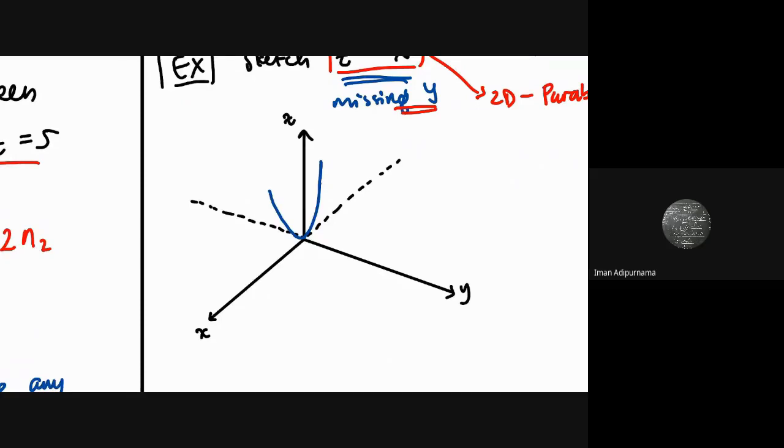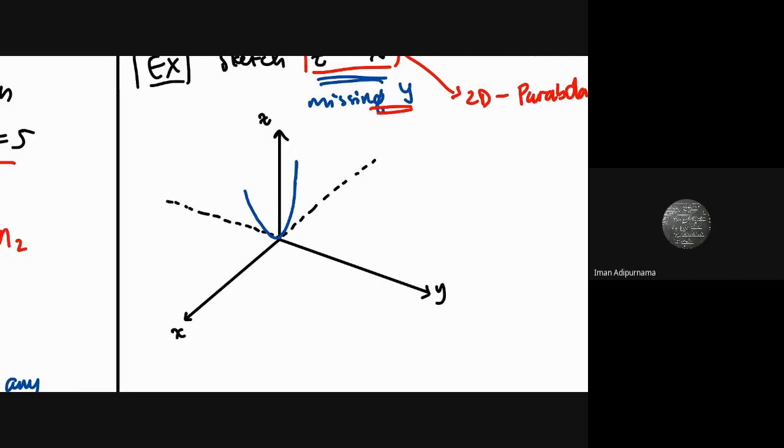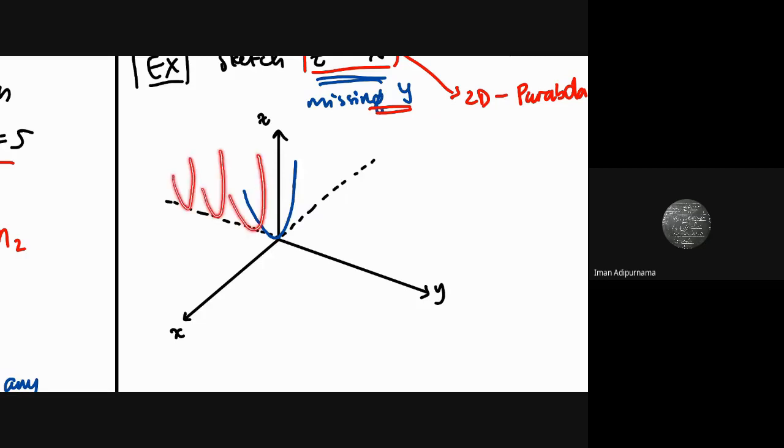So along all of the y-axis, we will have this parabola. We will have a parabola here, all around the y, and it will create a surface. So that's a surface.